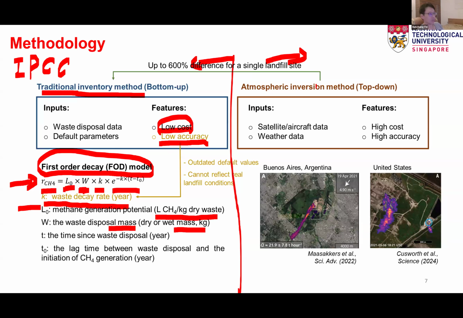The answer is no. Some of the recent papers published found that methane emission from landfills in the US and also in India, Argentina, and a few other countries is largely underestimated.